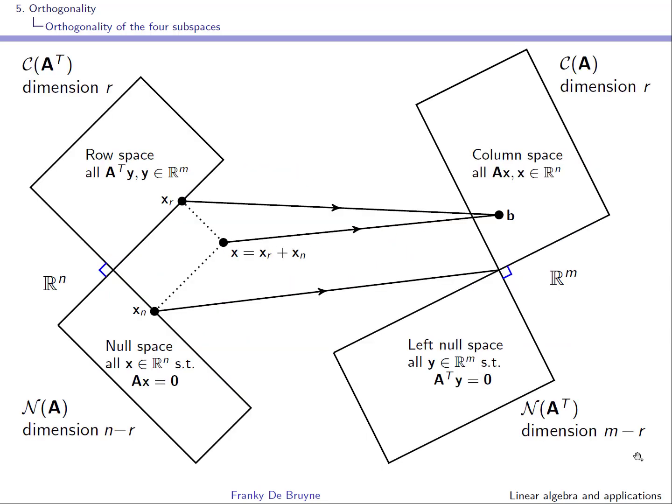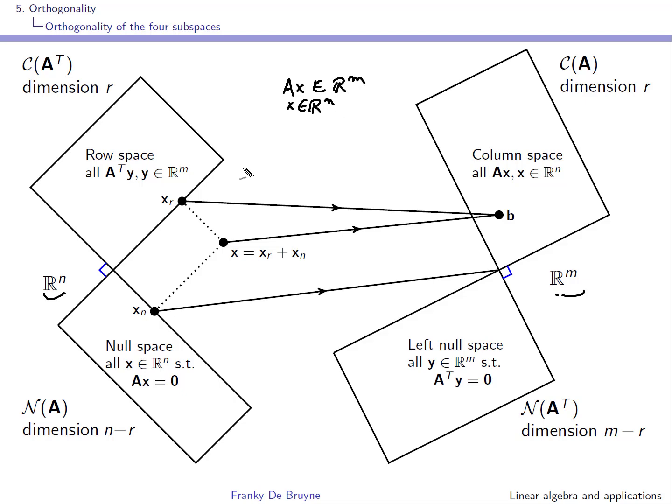Remember this picture where we had Rn over here and Rm, and the idea was that if you take Ax where x is in Rn, Ax will be in Rm.